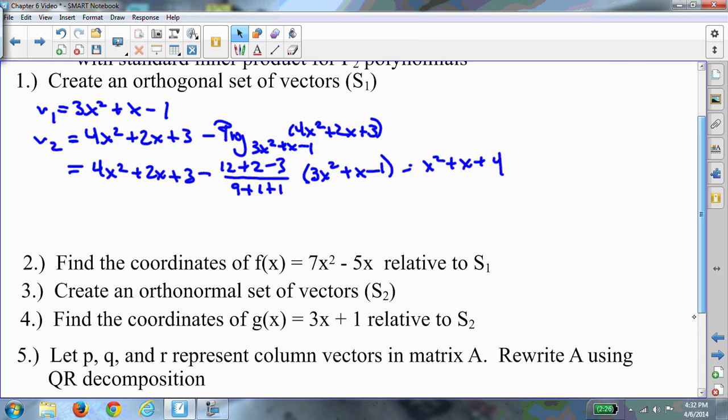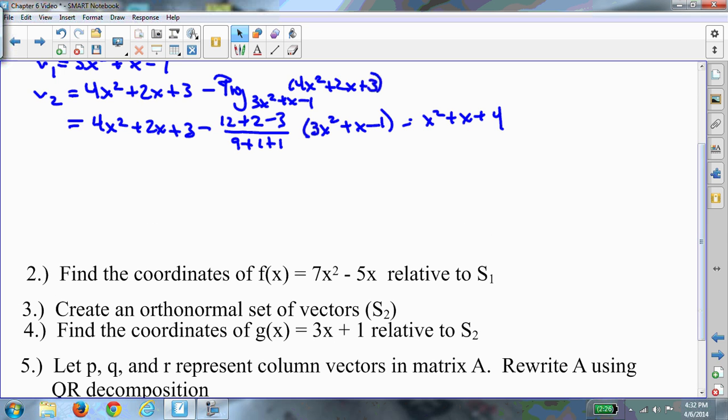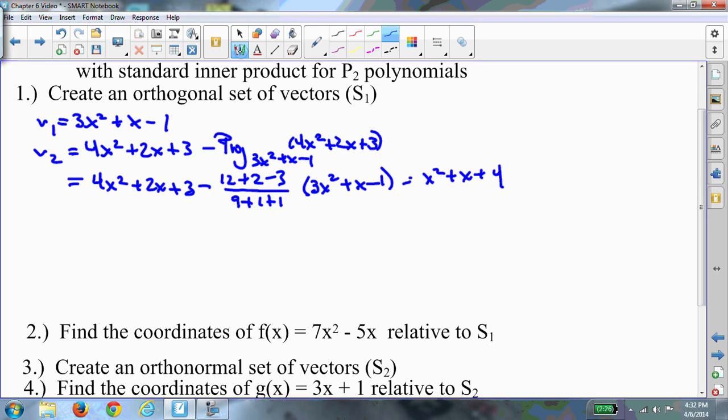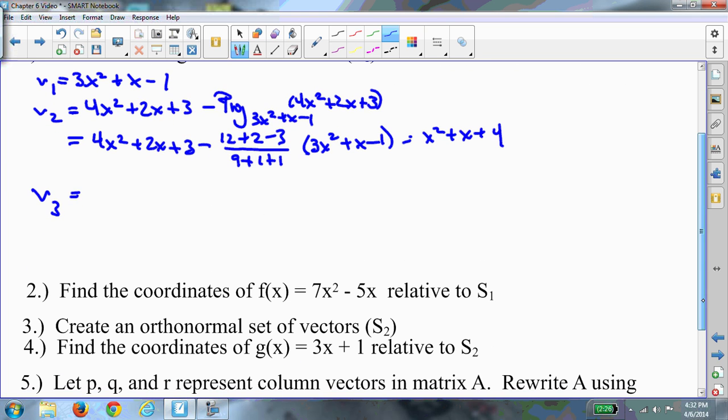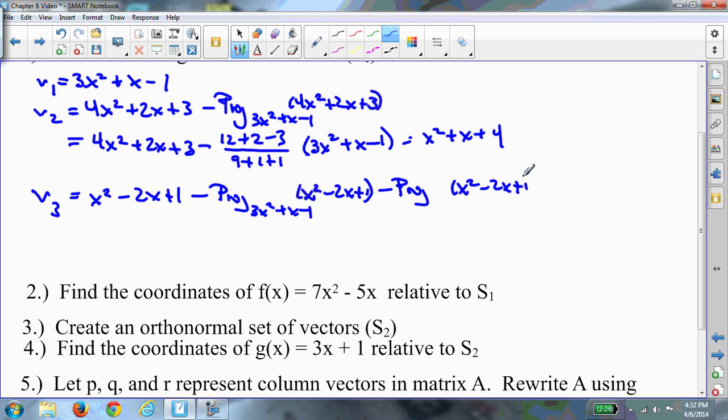V sub 3, I'm going to do the same thing, except I'm going to have to take the orthogonal complement to two projections. So v sub 3 equals my last vector, x squared minus 2x plus 1, minus the projection of x squared minus 2x plus 1 onto v sub 1, 3x squared plus x minus 1, minus the projection of x squared minus 2x plus 1 onto v sub 2, x squared plus x plus 4.